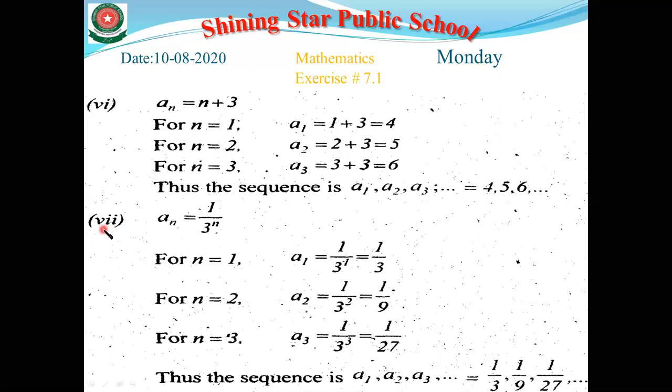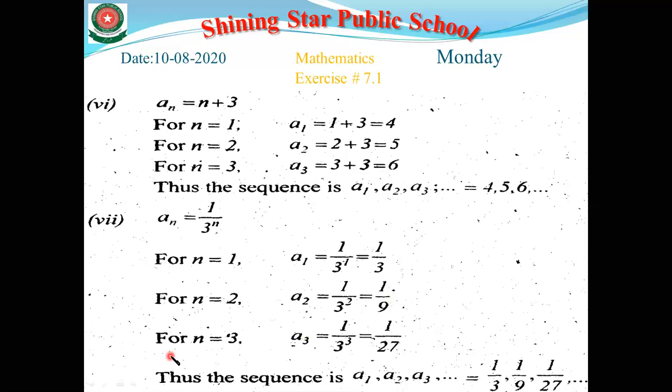Part number 7. an equals 1 over 3 power n. So for n equal to 1, we get a1 equals 1 over 3 power 1. So 1 over 3. For n equals 2, we get a2 equals 1 over 3 whole square, because n is the power of 3, so 3 square is 9.